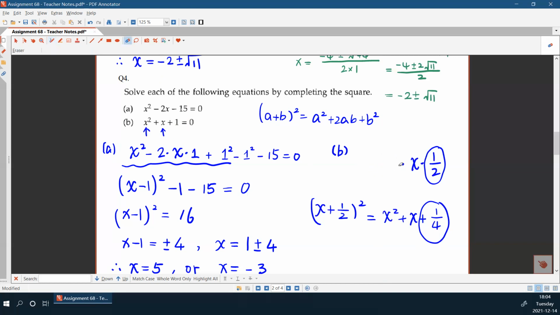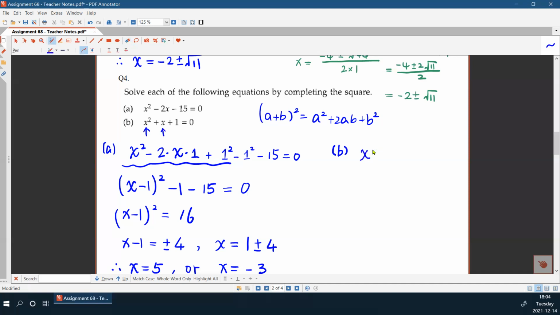Okay, so I'll ask you a question here. For the first part, there is no doubt we put x squared plus x, right? So what is the term here to make the first part a perfect square?